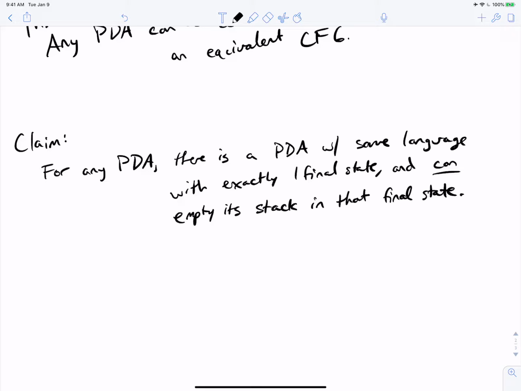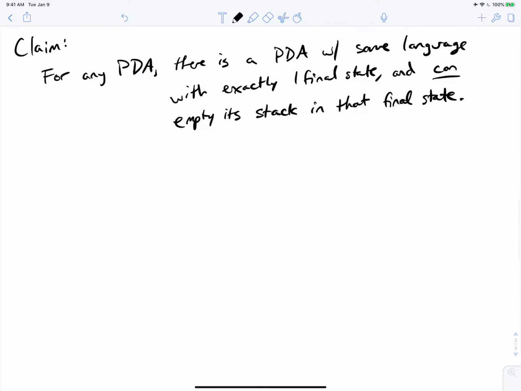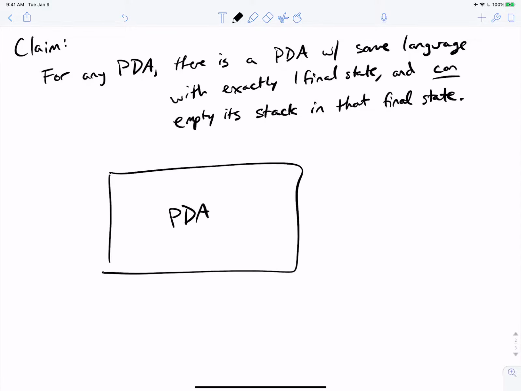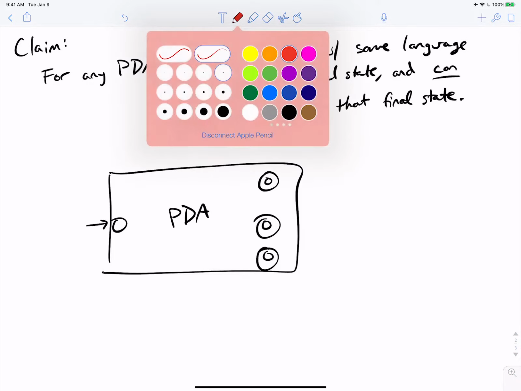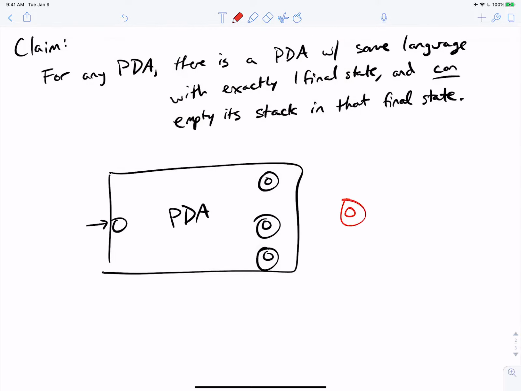Let's just say that we have a PDA right here, and let's say we have three final states. We make a new final state, going from each of the three to the new one.